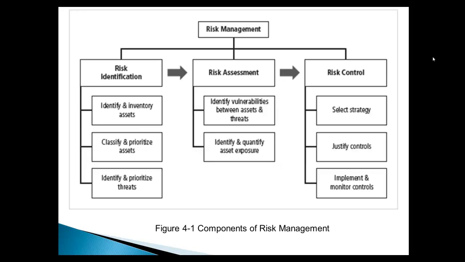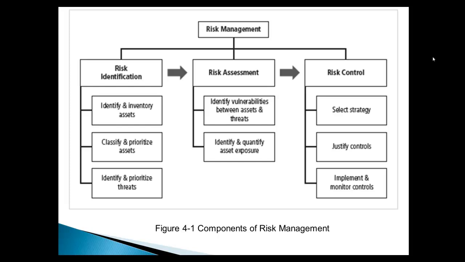Looking at the components of risk management, we'll see that there are really three individual activities or components with a bunch of subcomponents. Starting on the left, risk identification is really the first thing that we have to do. Identify and inventory all assets.